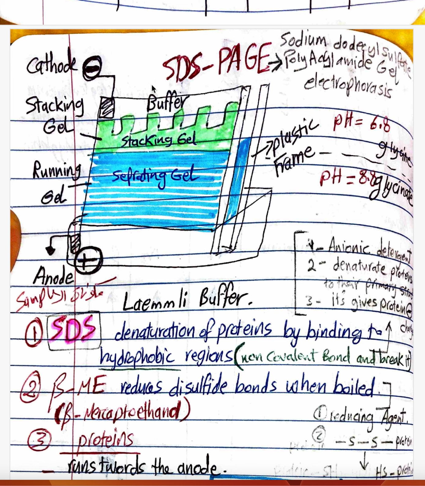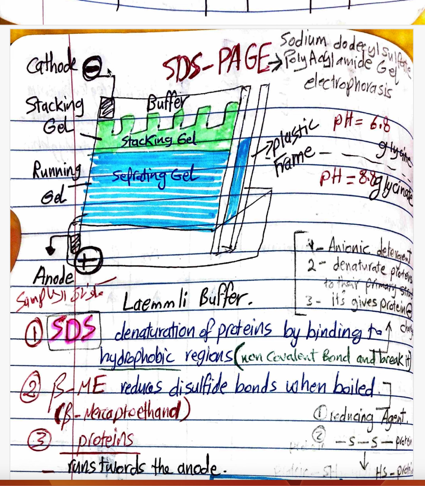So this is the whole name of SDS-PAGE: sodium dodecyl sulfate polyacrylamide gel electrophoresis. So we now know that it is electrophoresis used for the separation of proteins.